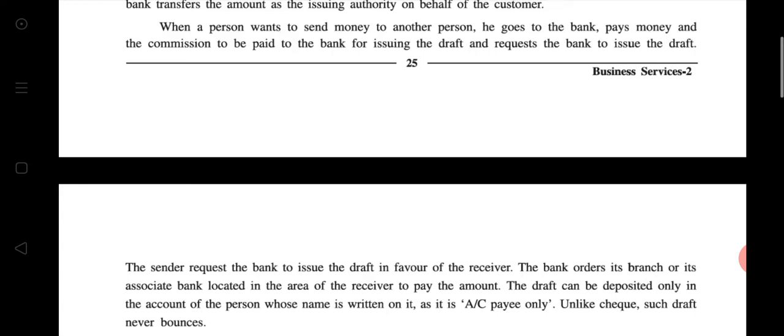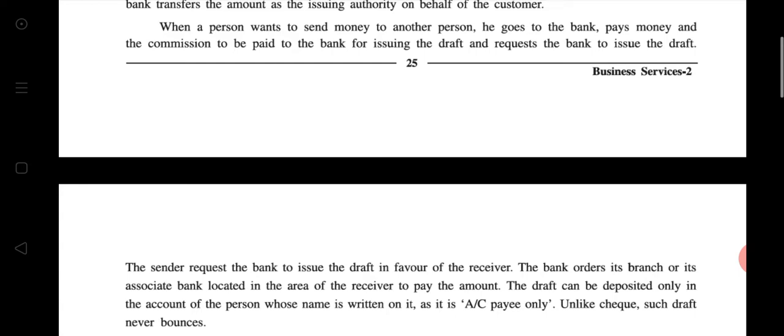See students, again I repeat, when a person wants to send money to another person, for example, me, I go to the bank and pay the money and also pay the commission to the bank. And the bank issues the draft.